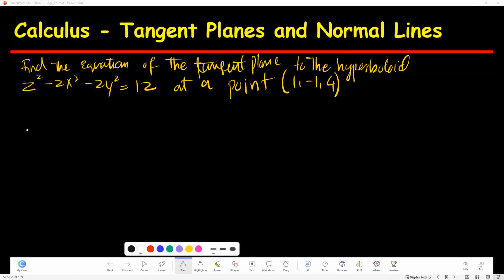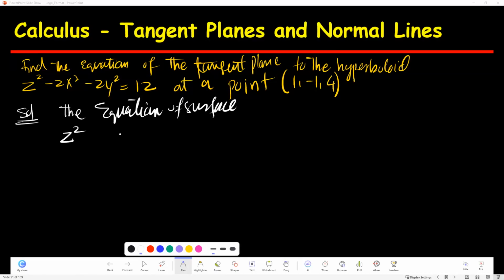Okay. So first things first, my equation is given, written like this.